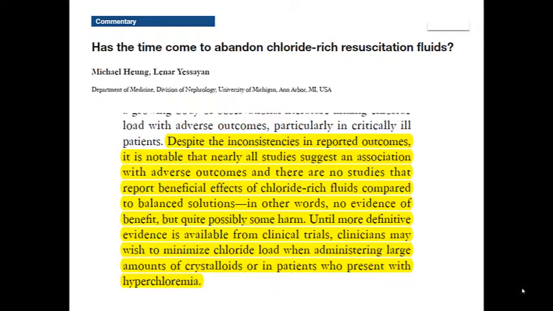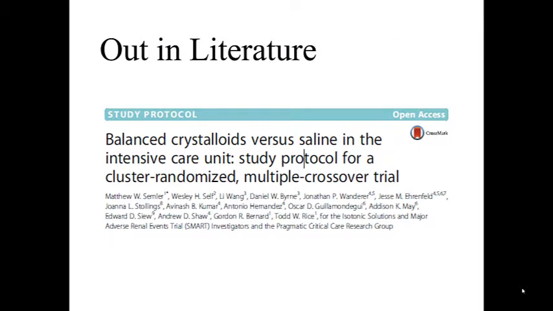So that's why clinicians may wish to minimize chloride load when administering large amounts of crystalloid or in a patient who presents with hyperchloremia. So what is out in the literature? There's a study going on right now at Vanderbilt, looking at balanced crystalloid versus saline in the intensive care unit, a cluster randomized multiple crossover study protocol.